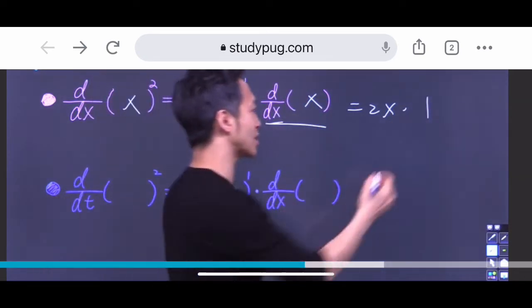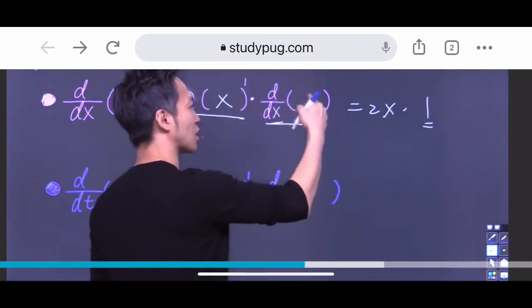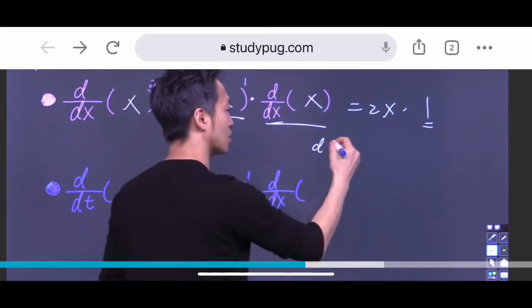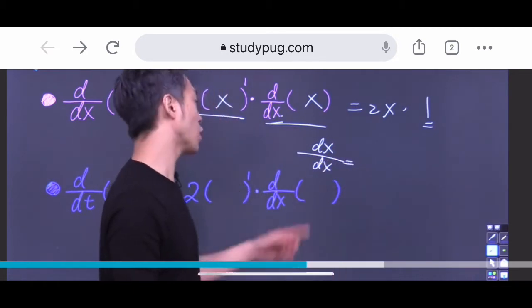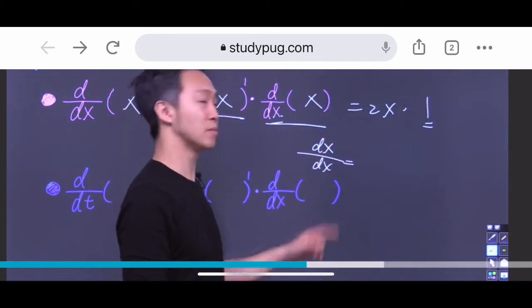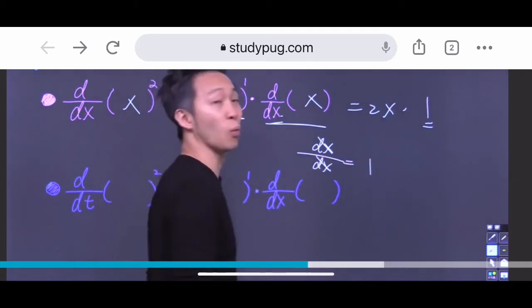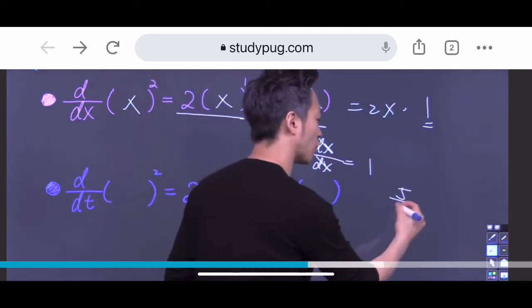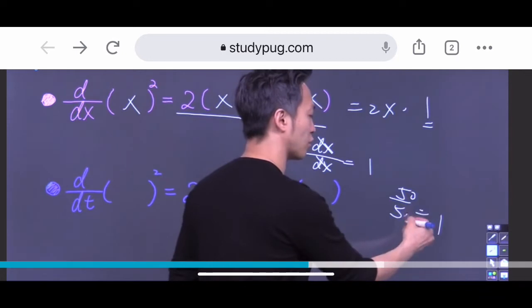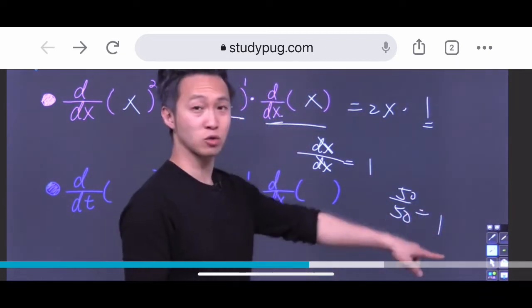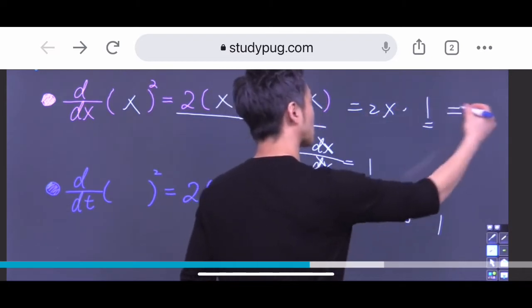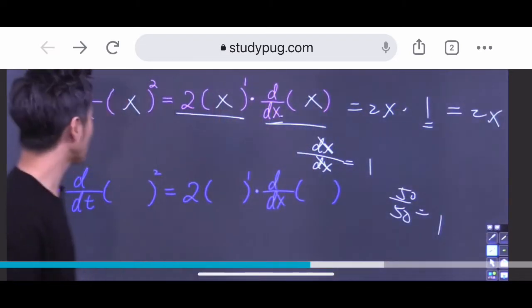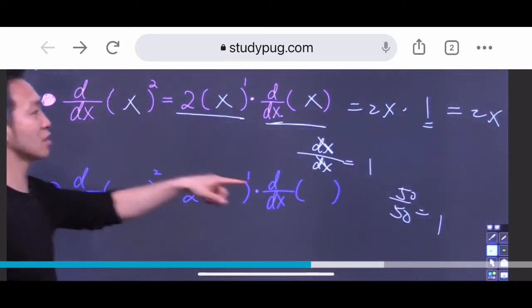Another way to look at this is dx over dx, and if we have the same thing at the top and bottom, it cancels out to be 1. 5 over 5 is 1, 50 over 50 is 1, so dx over dx is also 1. And 2x times 1 is just 2x, so that's why the derivative of x squared is 2x.